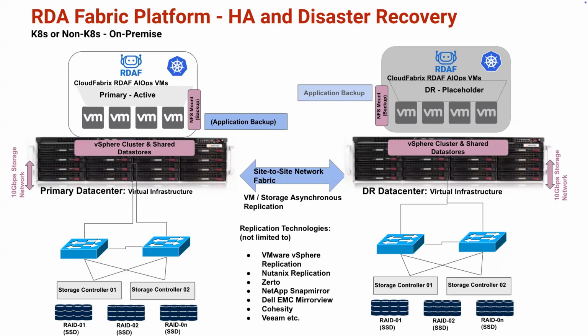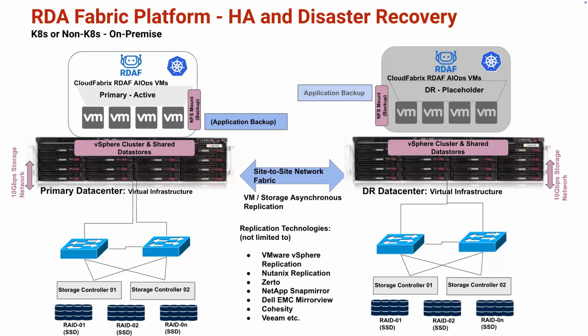On top of that, you have the VMs, and if it is a K8s environment, you will have K8s infrastructure. The application is deployed in a distributed manner, and the application provides high availability at the application layer.